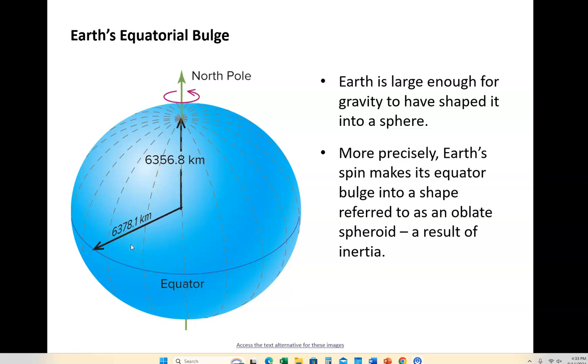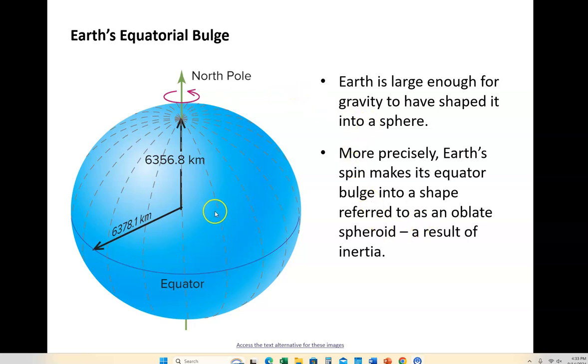So it bulges a little bit in the middle because of this spin, and that's because of what's called inertia. Objects want to keep going in a straight line, and because the Earth is spinning, the matter that makes up the Earth piles up along the equator a little bit more than at the poles.